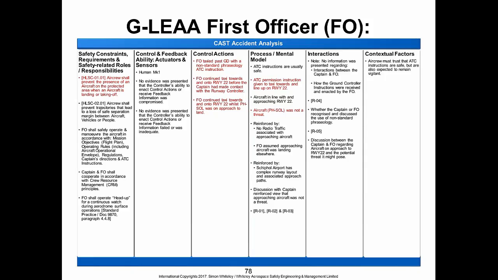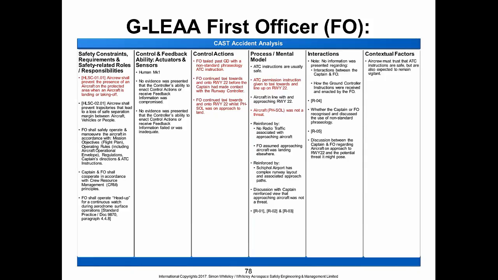Now, interactions. This incident report doesn't have any detailed information with regards to the interactions between the captain and the first officer on the flight deck, or how the ground controller instructions were received and enacted by the first officer. So were the instructions received via the captain and the captain relayed the instruction, or was it that the first officer was listening to the instruction and just enacted it directly?